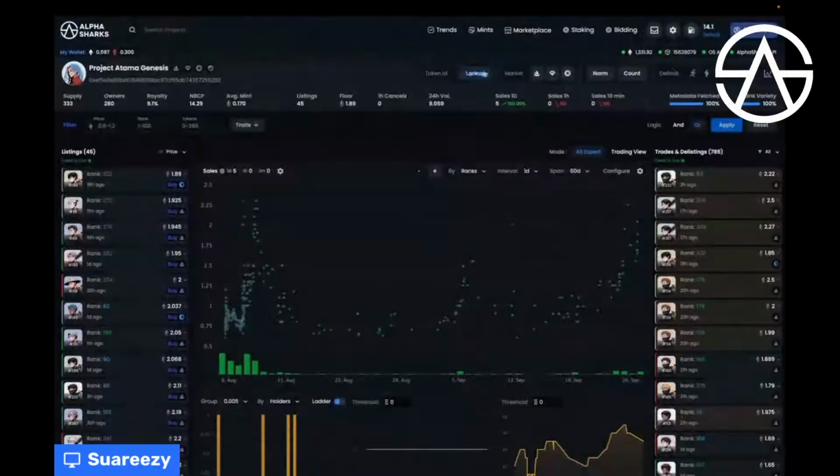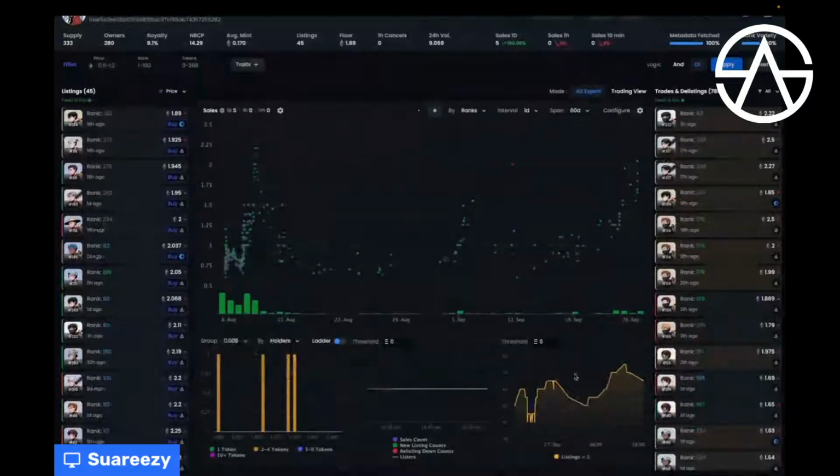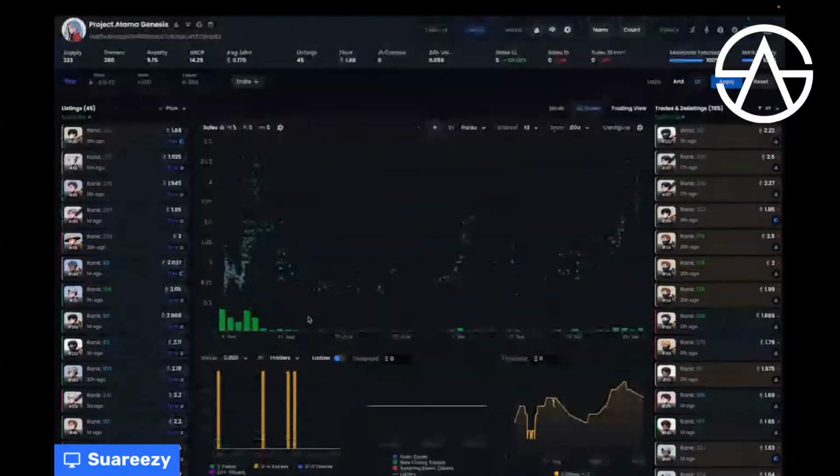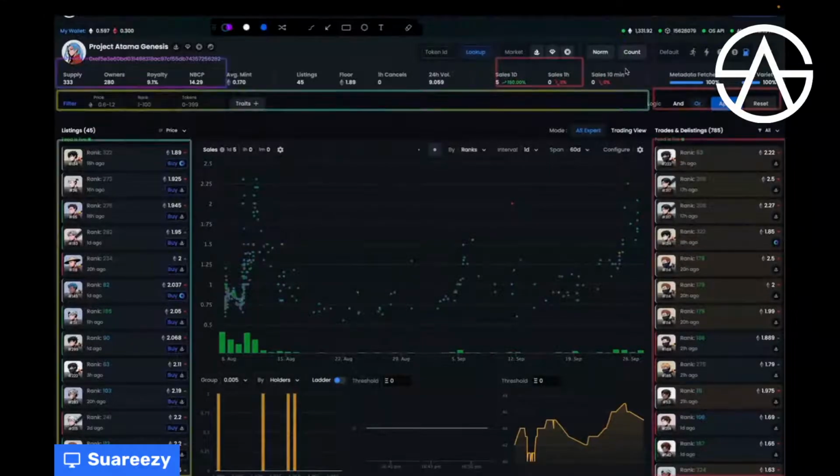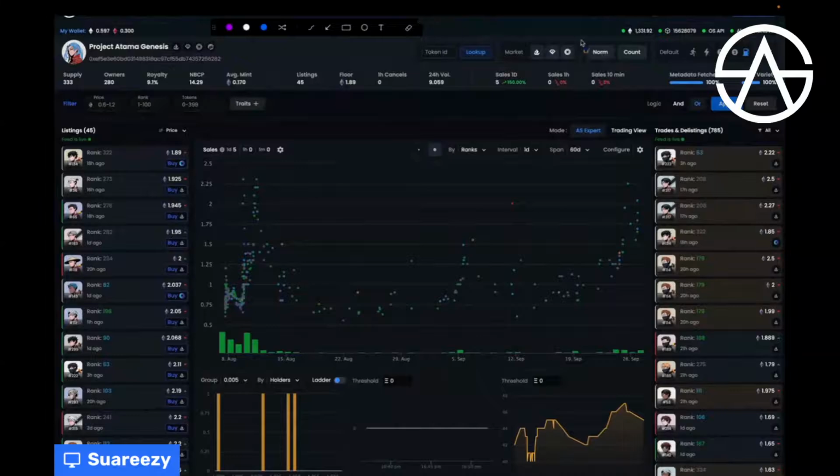So whatever you're changing within the view, it's actually going to change the metrics that we're calculating under our view as well. So next you're actually going to have the norm and count, which is going to be for rank rarity. Again, we don't really touch on that too much.